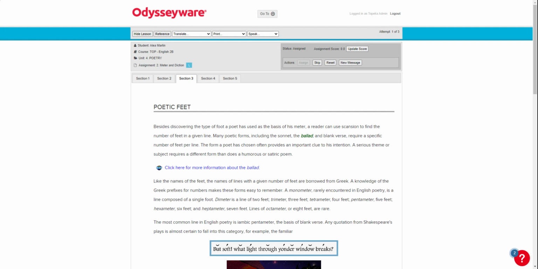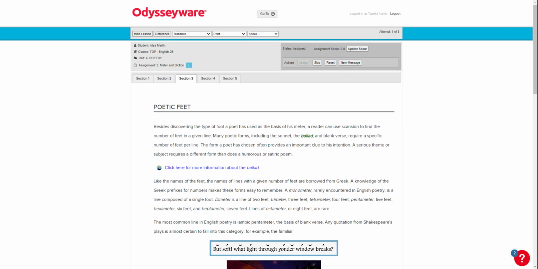So if there's just one foot, one set of two syllables, if it was iambic, then that would be monometer. So you would describe that poem as having iambic monometer, and you would use both terms to describe it.